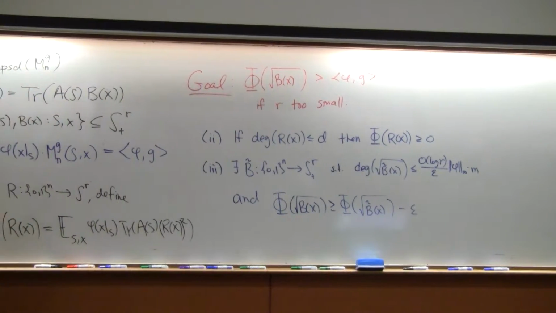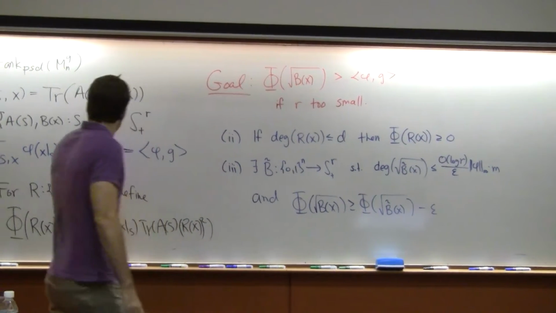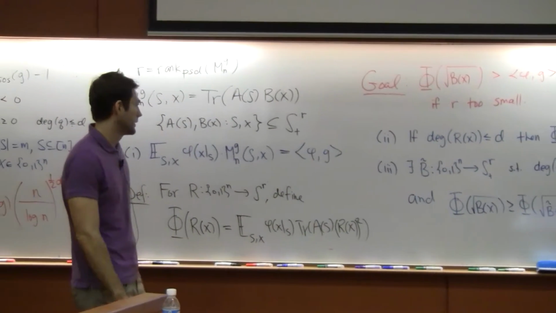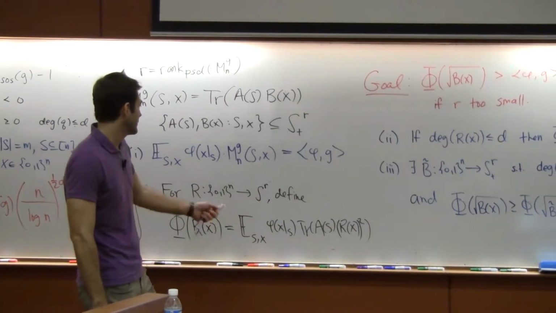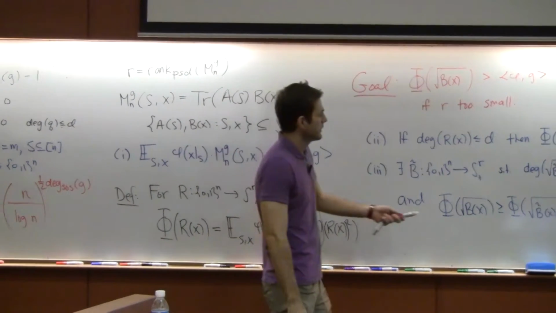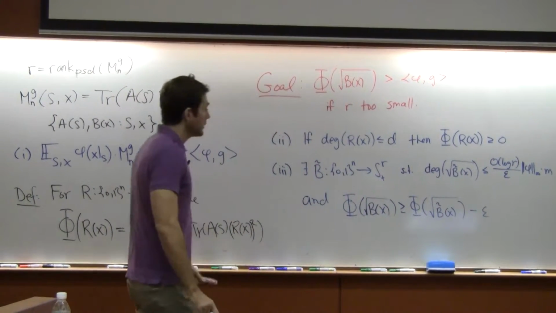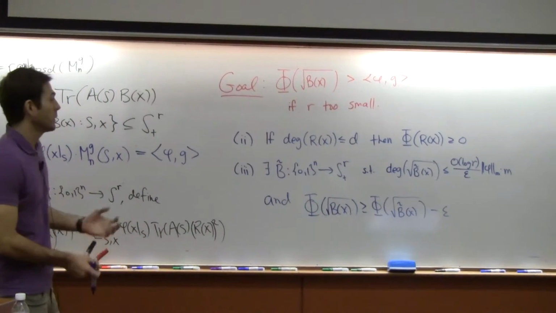This was the notion of approximation, to say that on this linear test, b tilde is not doing too much worse than b. Okay? So you see where we're going.